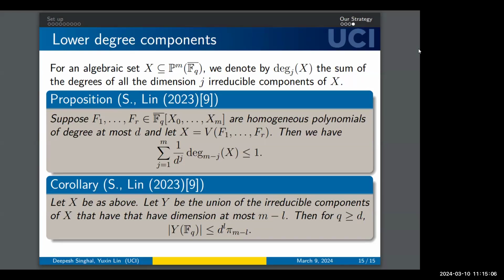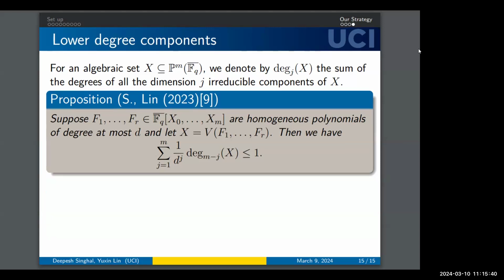So as a corollary, we obtain that X is as above, the vanishing set of some number of polynomials of degree at most D. And we take Y to be the union of the irreducible components that have dimension at most M minus L. Then we show that the number of F_Q rational points of Y is at most D to the L times something about Q to the N minus L. So this gives us a way of bounding the number of points on the lower dimensional components.